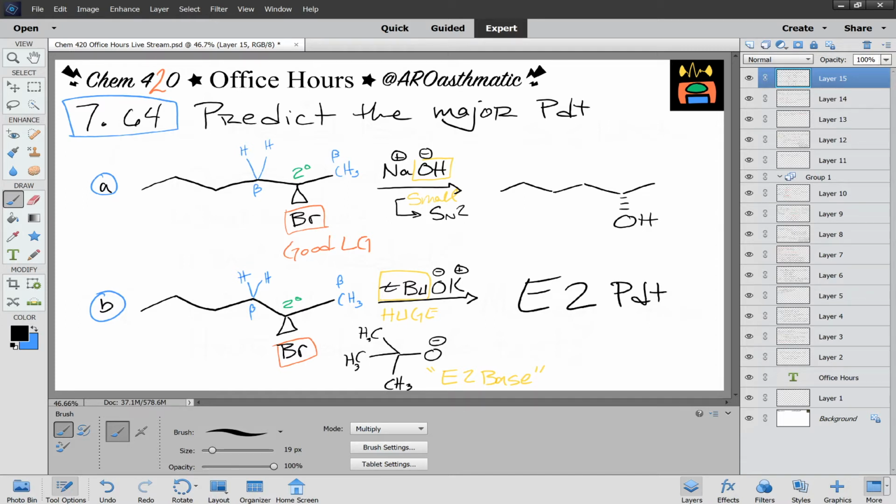Now you may be going, hang on, wait a minute, why didn't you draw the product? Why did you just write an E2 product? This is not me dodging work. Sometimes professors will say, you know the answer, just go figure it out, and it's really because we don't want to do it. I totally do, but I'm also out of room on this slide.